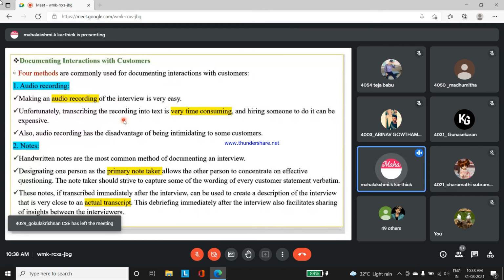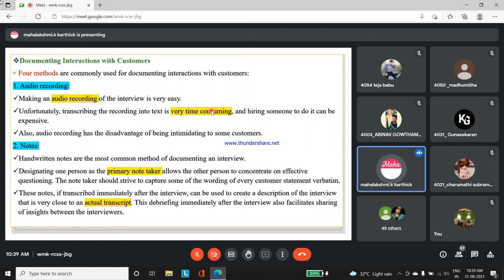But the difficulty they felt is that converting the audio recording to text is very time consuming. Hiring someone to do it can also be expensive. A particular person is involved in getting the notes from the audio recording and documenting the interaction with the customer. So we have to spend money for those people also.